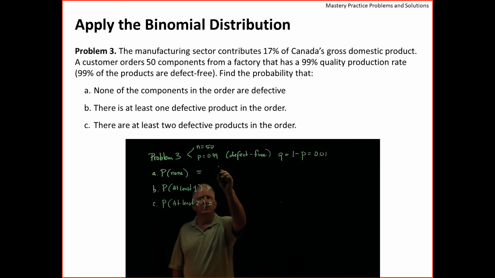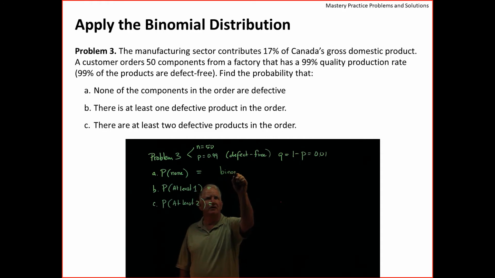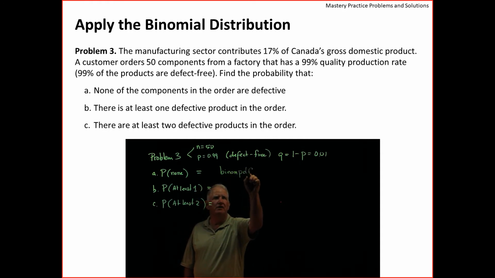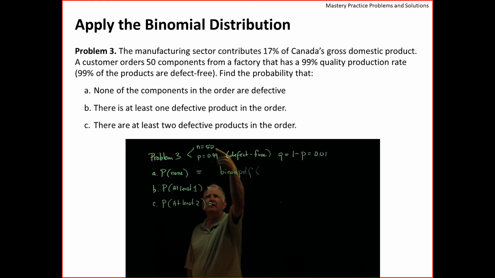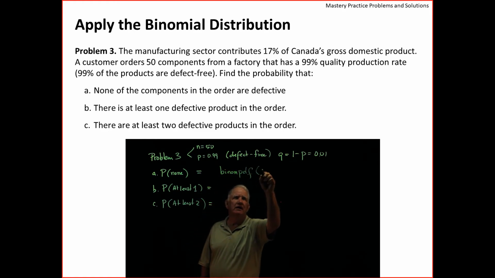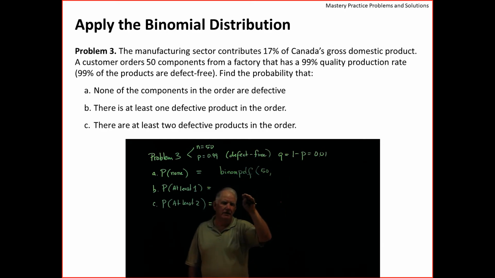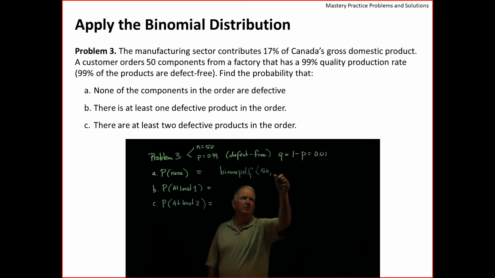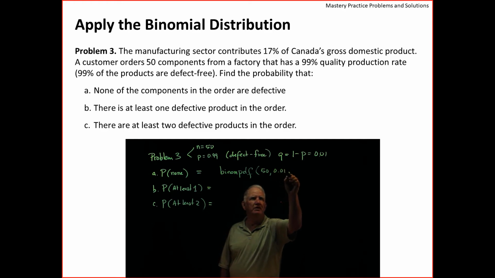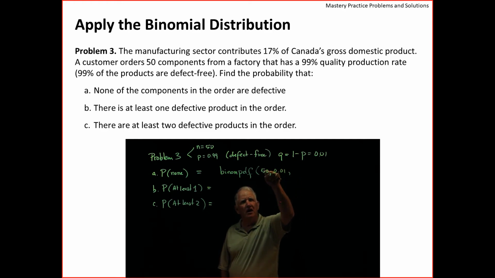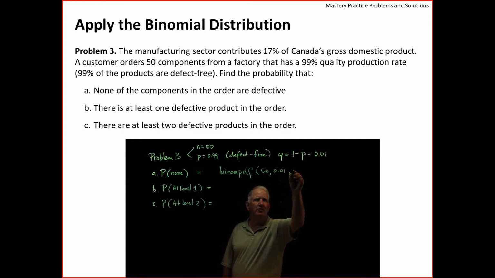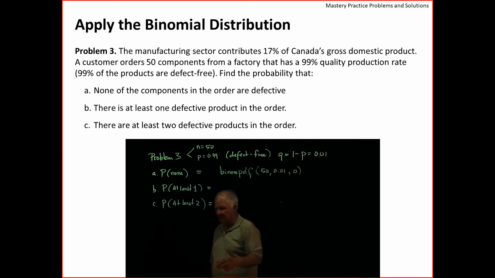Since I'm looking for exactly some number, I'm going to be dealing with the PDF. It's always N, P, X: 50, but the probability in this case that I'm interested in is the defect probability, 0.01. And I'm interested in a lot of 50 with this defect probability. What's the probability that I see 0?